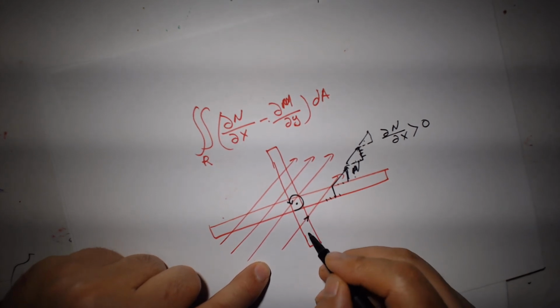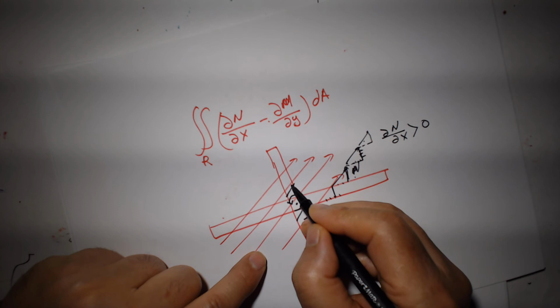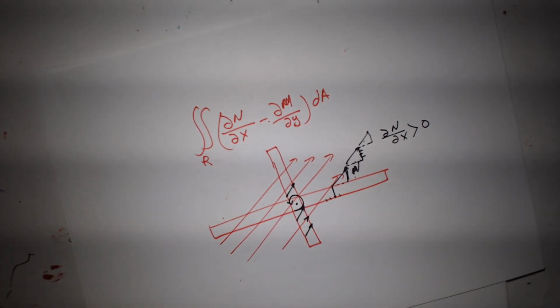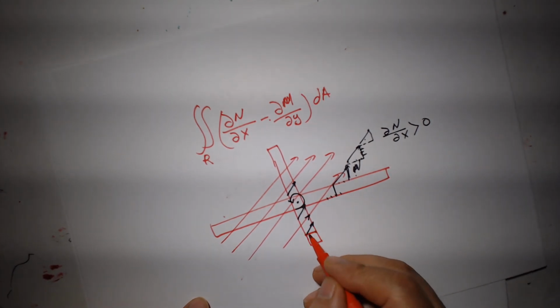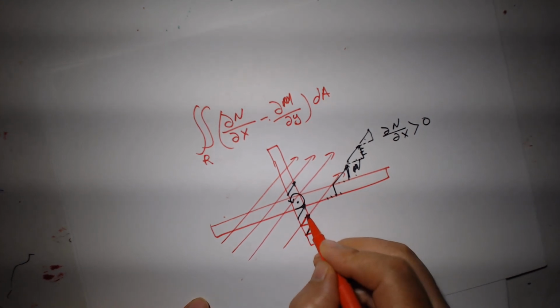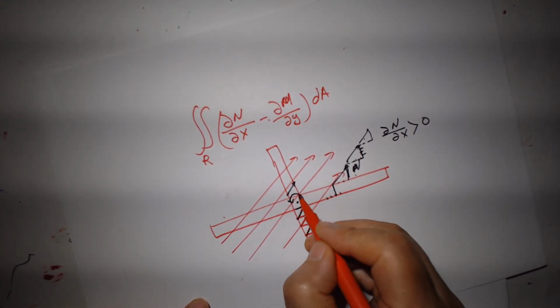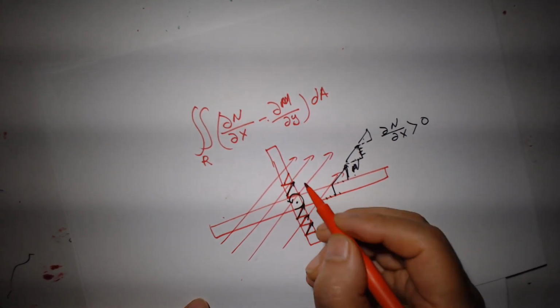But I want you to look at this one right here, and right here, and see what happened to the x component. I go here and here, here and here. What do you do with my x component?